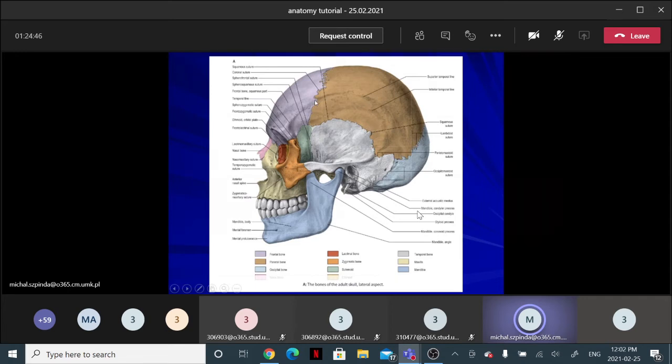Such a point is easily marked because here we have the coronal suture that's crossed by the superior temporal line. Such a point here is called the stephanion. Stephan is a name that means a king.